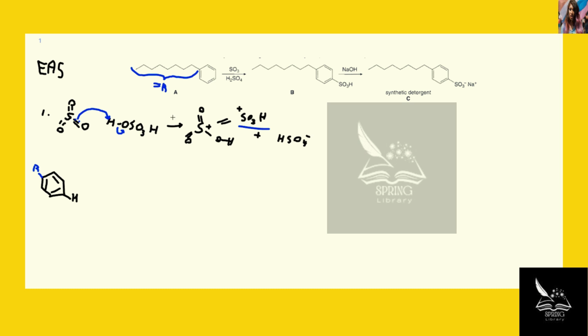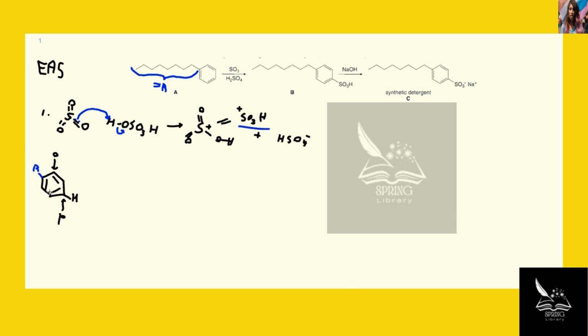This electron donating alkyl group activates the ortho and para positions for electrophilic aromatic substitution. So we're going to get some sort of isomeric mixture of ortho-substituted and para-substituted products. However, here we're only interested in the para-substituted, so we're just going to focus on that.